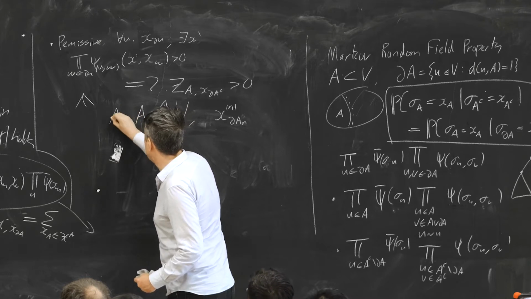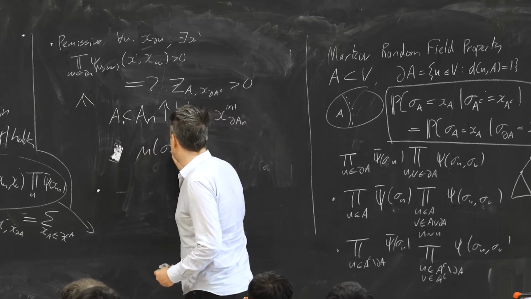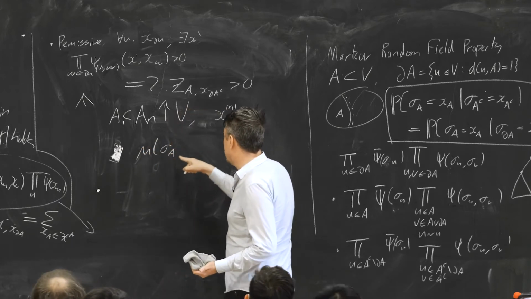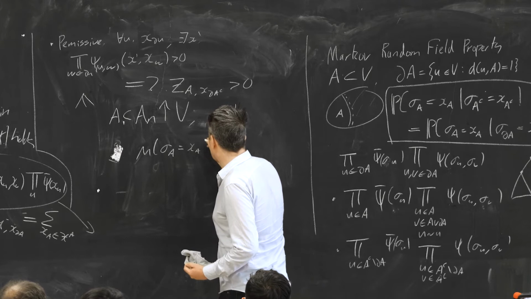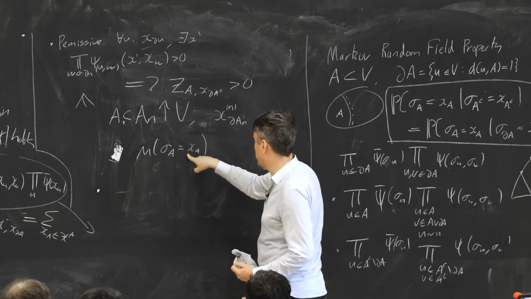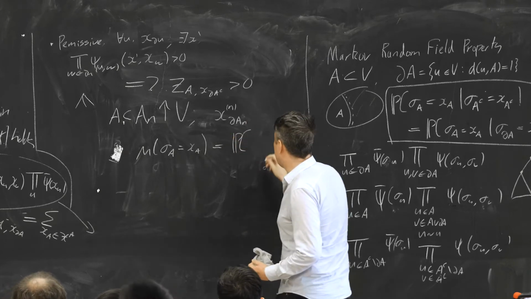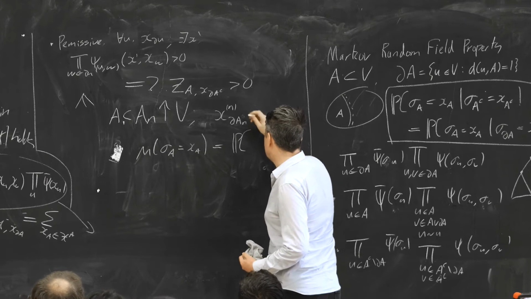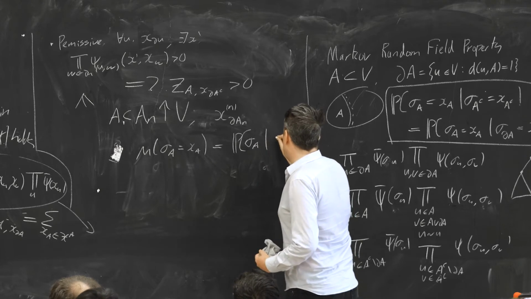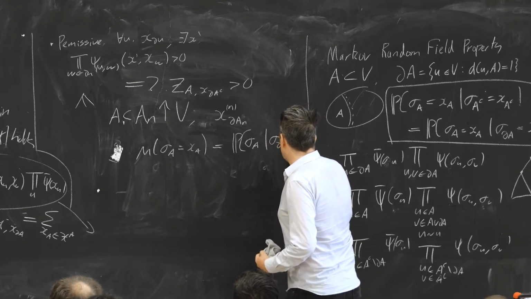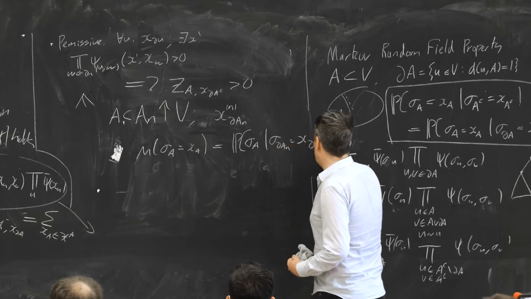And let's say A is a subset of all of these. So I'd like to define the distribution mu of sigma_A given X as the probability in the finite graph of sigma_A given the boundary of A_n equals X on the boundary of A_n.